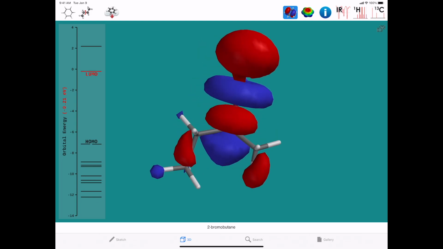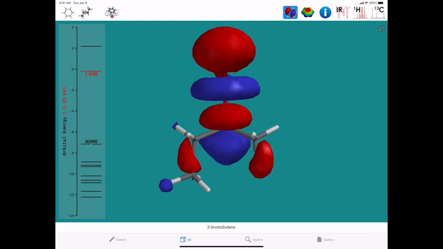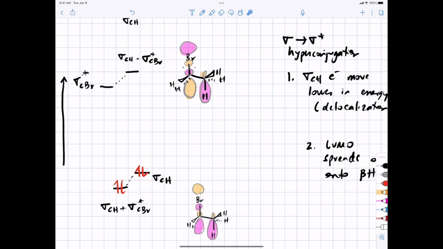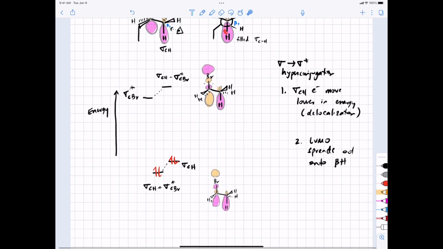Now, again, I'm asking you to just pretend like the left-hand side of the molecule doesn't exist, because there's some weirdness going on over there that frankly won't have any consequences for us, so we're not going to worry about it. But I do need you to see really clearly that some of the LUMO is out on that beta proton. Questions about that concept?